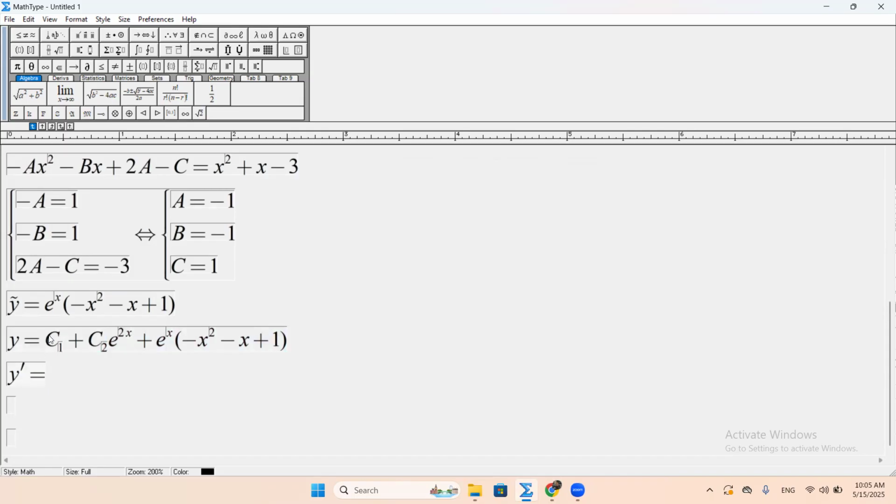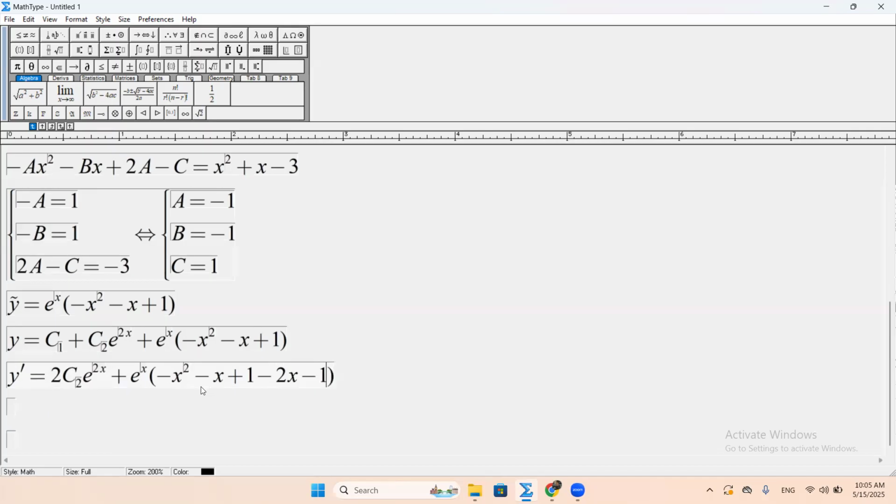C1 will be differentiated to 0. So we have 2C2 e to the power of 2x plus e to the power of x times (minus x squared minus x plus 1), so differentiated e, and then differentiating the polynomial: minus 2x minus 1.